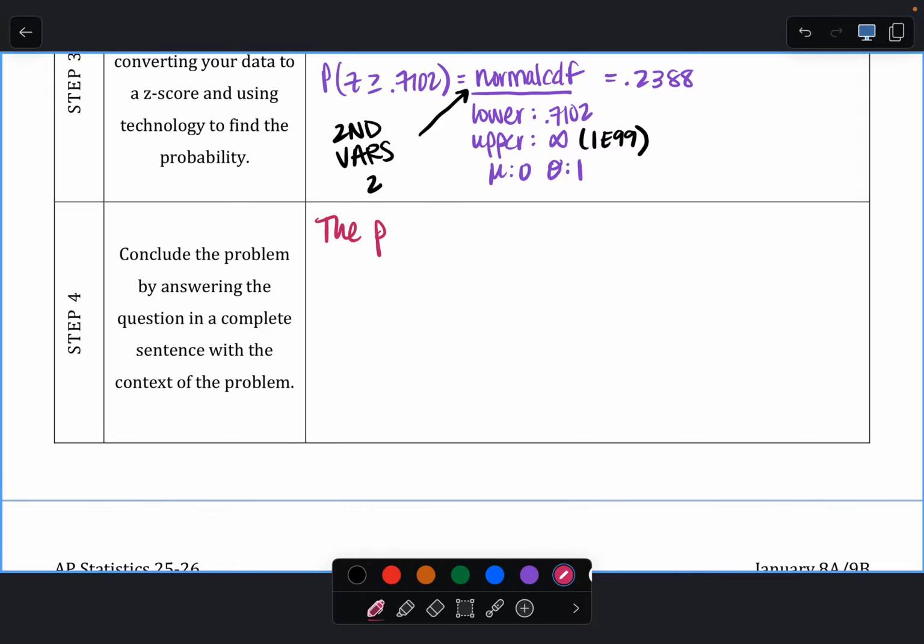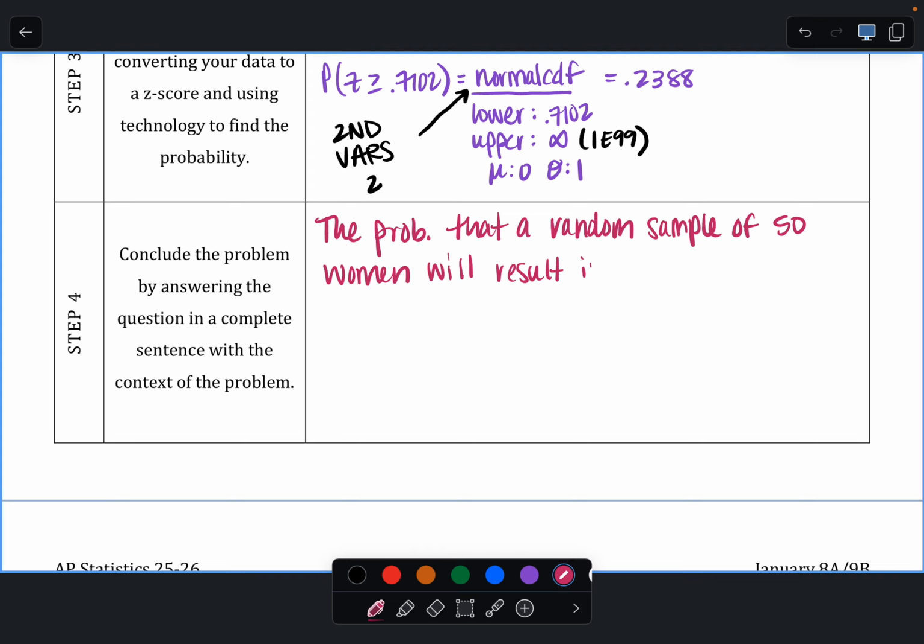The probability that a random sample of 50 women will result, I'm literally repeating the question, will result in a sample proportion of 50% or higher.